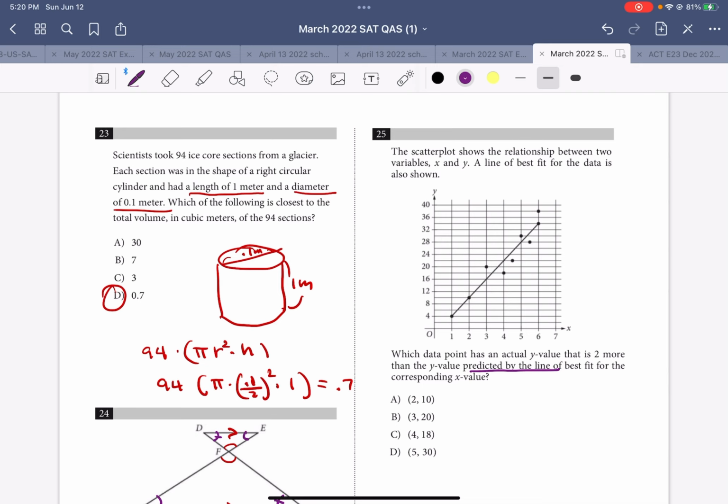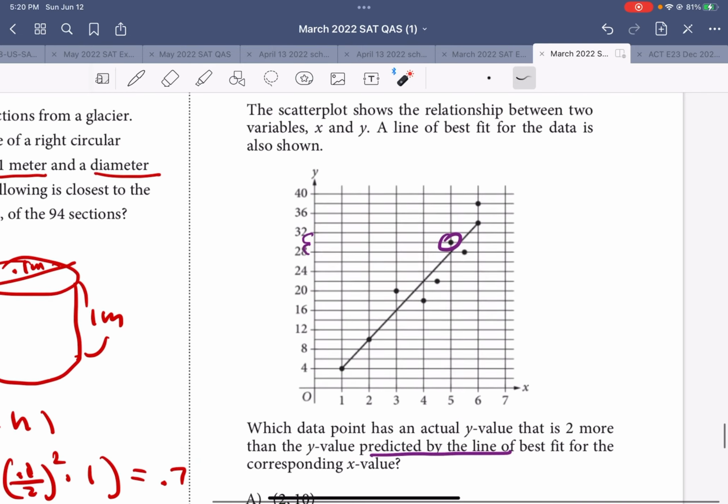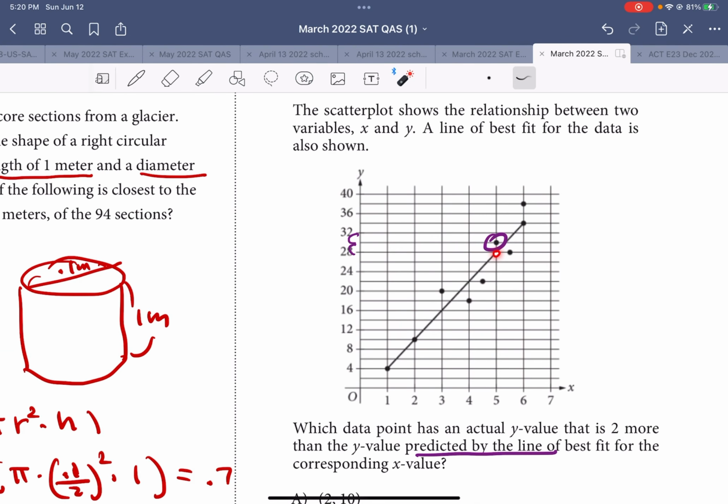And remember, each grid represents 2 actually, not 1. If you look closely, from here is the approximate predicted value, but the actual value here is one grid above. So that means 2 more than the value predicted, right?